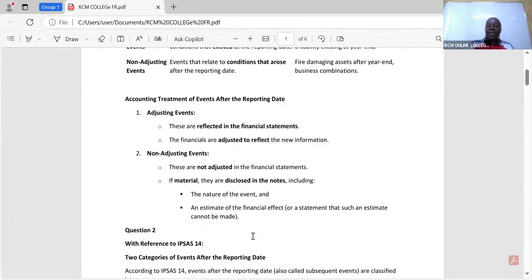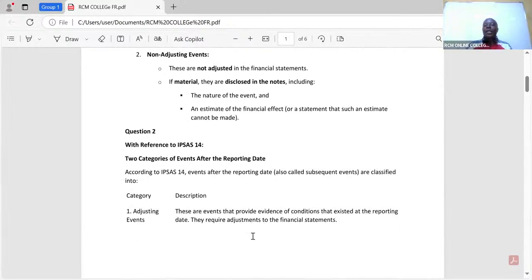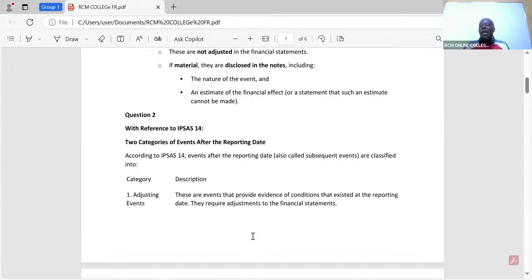They came and asked us the other day a question on International Public Sector Accounting Standard number 14, which also talks about subsequent events after our year end. IPSAS is for the public sector: the government, parastatals.